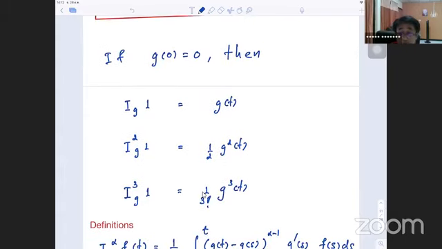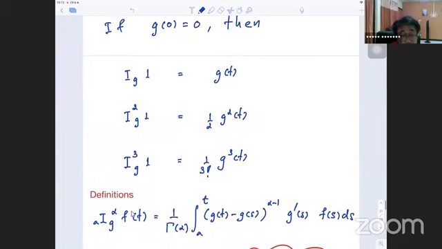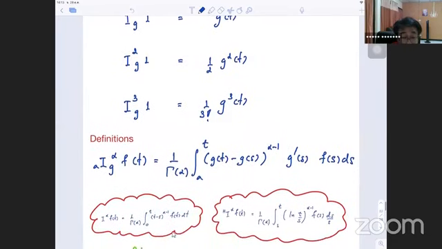So in the book of Kilbas give the definition of fractional integral with respect to function g by this. We can compare with the Riemann-Liouville: g(t) equal to t, g(s) equal to s, and g prime equal to 1.